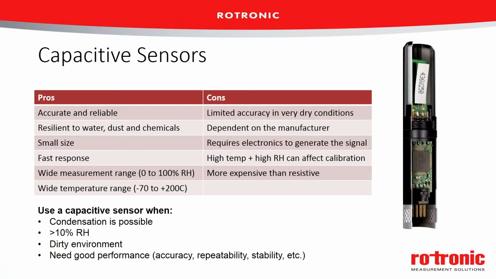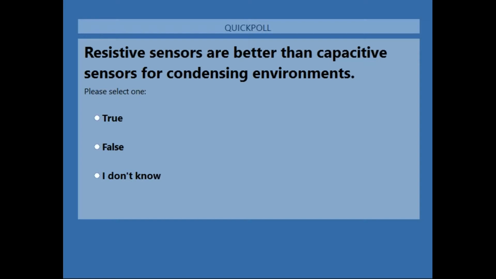So we have a true or false on this one. The statement is, resistive sensors are better than capacitive sensors for condensing environments. Is that true or false? Or you don't know? It's okay to say you don't know. We'll just assume you were doing emails during our presentation.